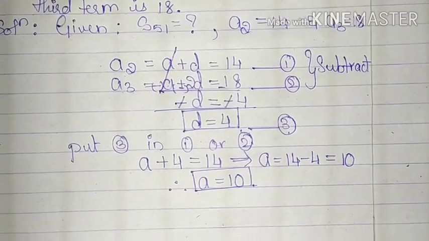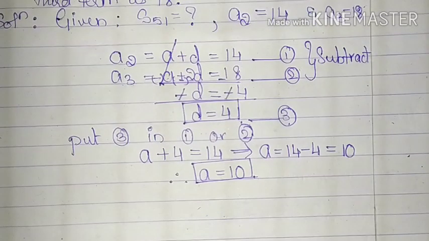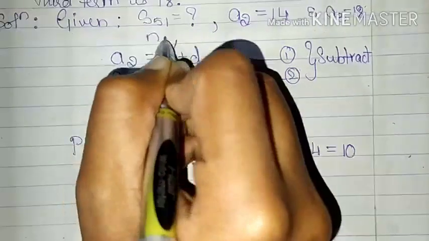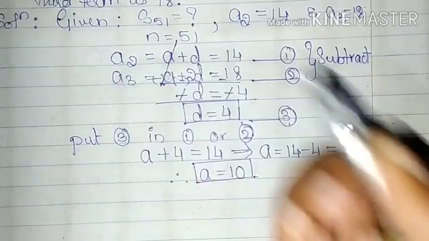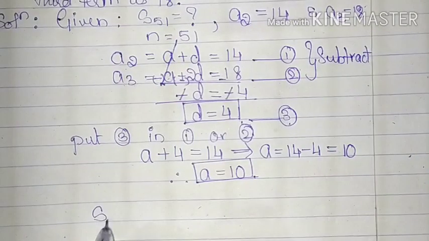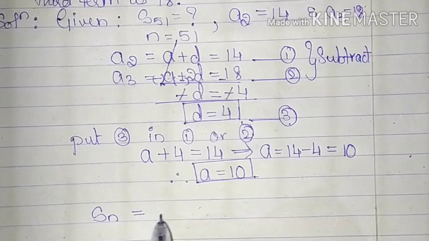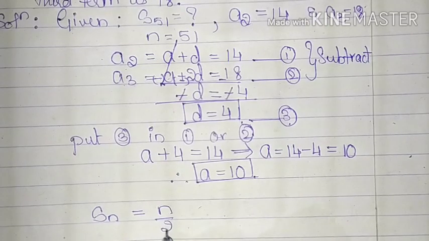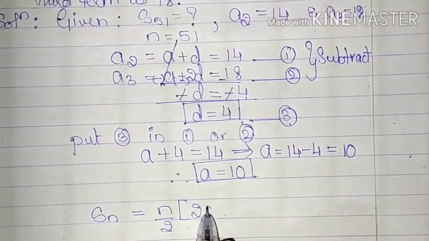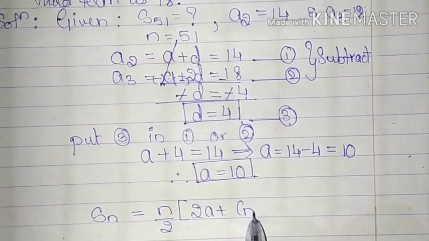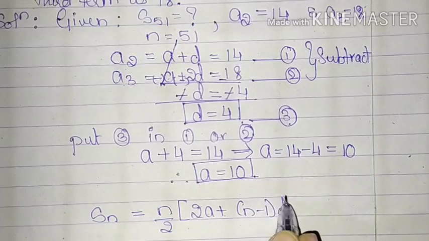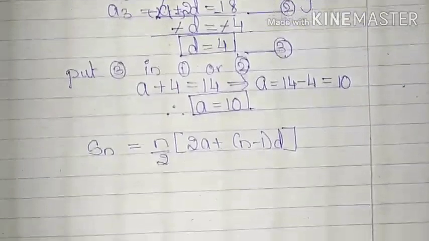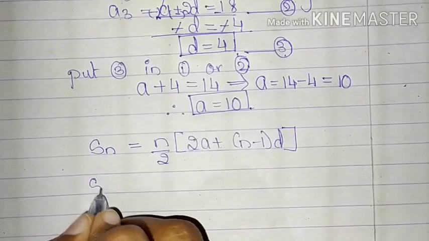But our original question was to find the sum of first 51 terms of this arithmetic progression where n is equal to 51. Now to find the value of Sn, let us make use of the formula n by 2 into 2a plus n minus 1 into d, where n is nothing but 51.